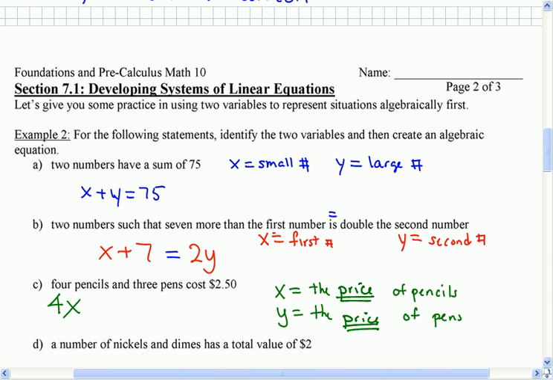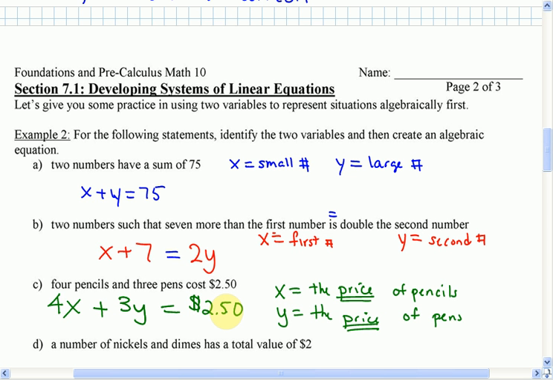Because I'm not really talking about the quantity, right? I already gave you the quantity, so you're not looking for that. X is actually the price of the pencil then, right? So 4x plus what? 3y. That equals 250. Good.